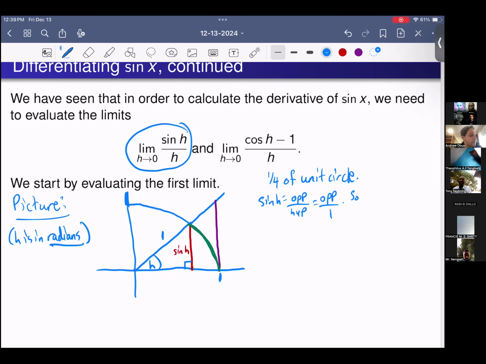And so if you remember, our formula for the derivative of sine of x was sine of x times this limit plus cosine of x times this limit. Well, this limit here is equal to 0, and this limit here is equal to 1.